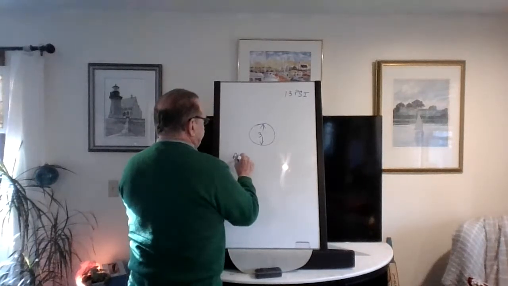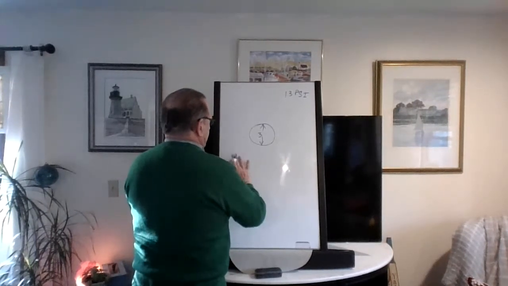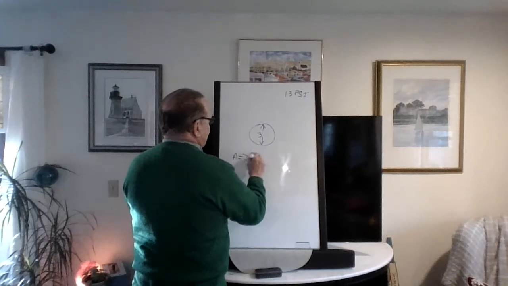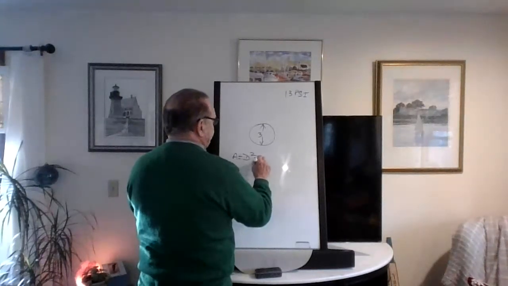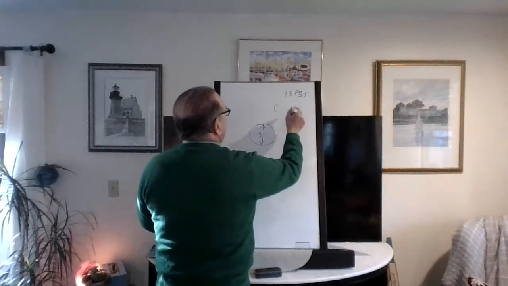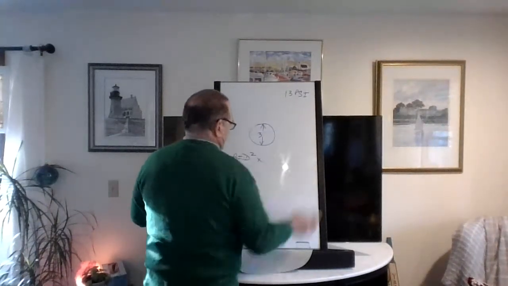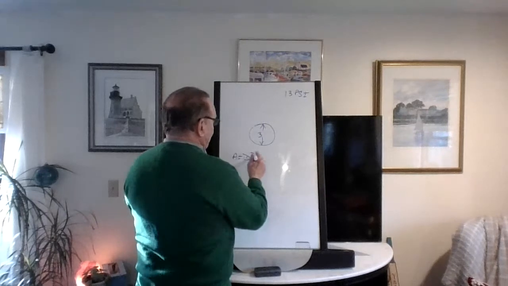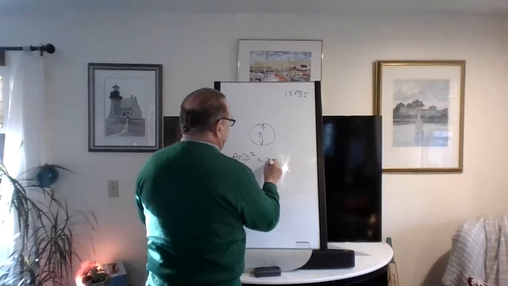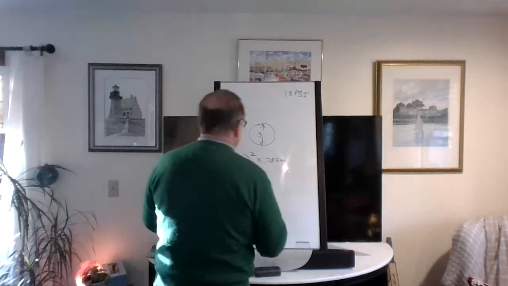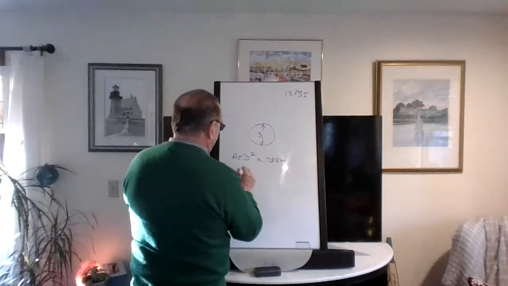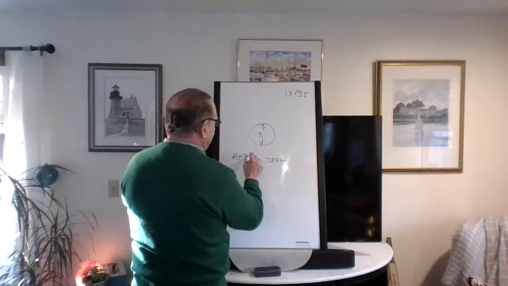Area equals diameter squared times 0.7854. You can do times like this, or you can just put an X, whatever works. So this is going to be 3 times 3. So we got 9, right?